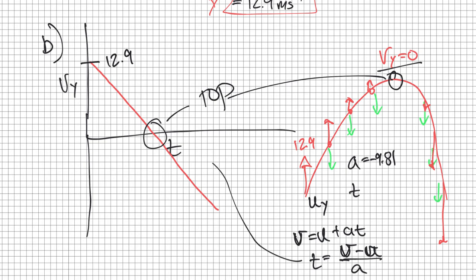And that's how I would find this value there. And then if it reaches the bottom, we're going to know that this value here is going to be negative 12.9.